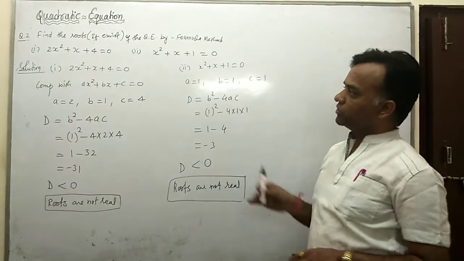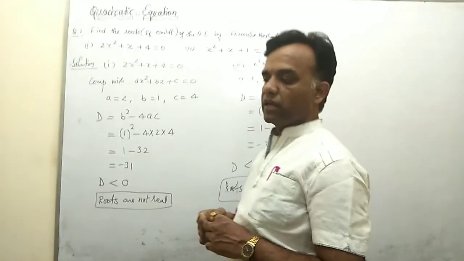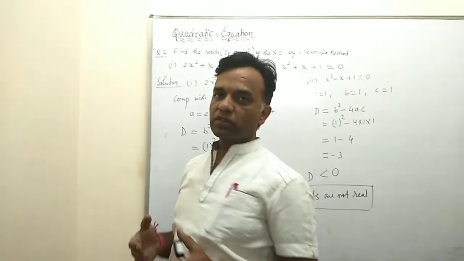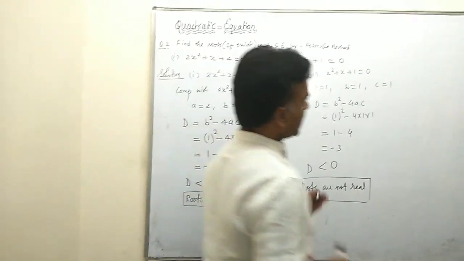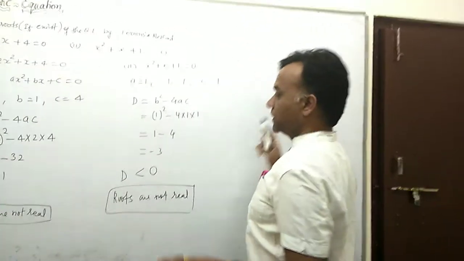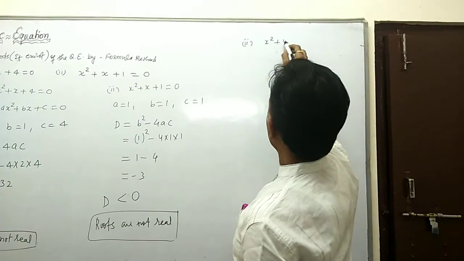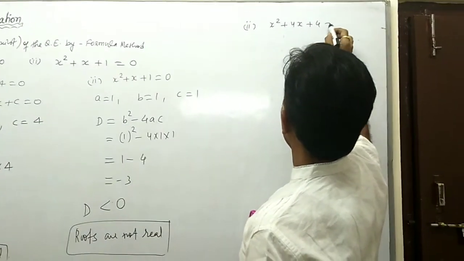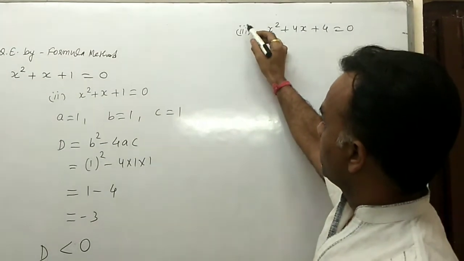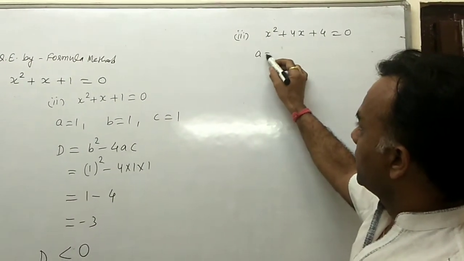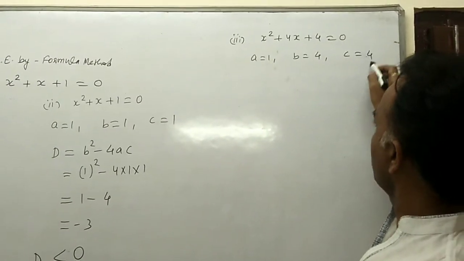In the previous examples, all the equations had real roots, so we found the condition for real roots. Maybe one more question, the third part. Suppose x square plus 4x plus 4 equal to 0. That is another variety. Write down the third and compare: a equal to 1, b equal to 4 and c equal to 4 here.